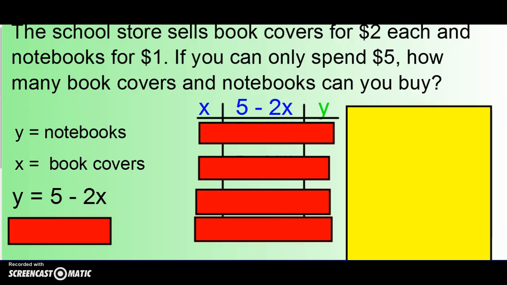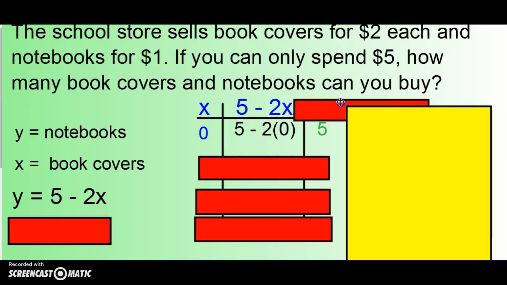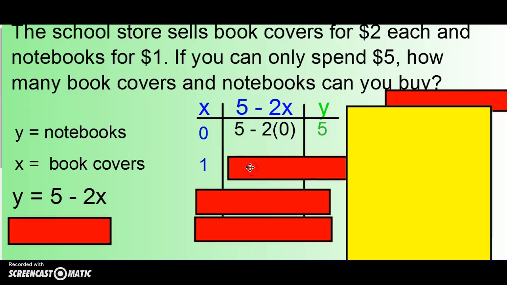So we'll start out by examining, well, what if we don't buy any book covers? If we don't buy any book covers, you would substitute the 0 in for x. And so then you would just be able to buy $5 worth of notebooks. Well, then you say, what if I want to buy at least one book cover and the rest notebooks?